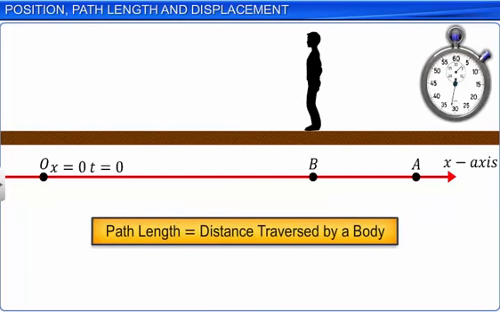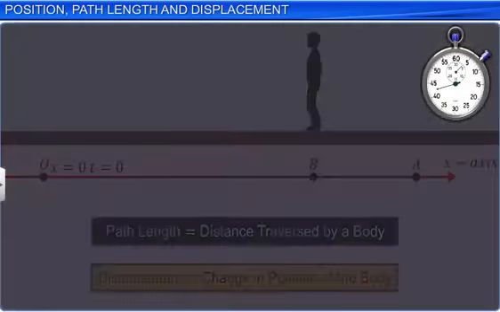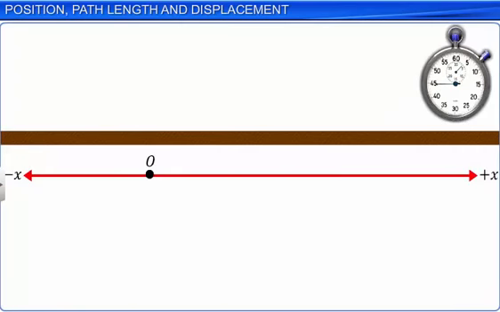Let us consider an example to understand displacement better. Let an object be placed at point O, which is the origin. Let x1 and x2 be the positions of an object at time t1 and t2.